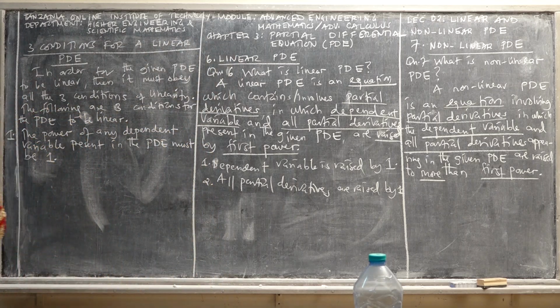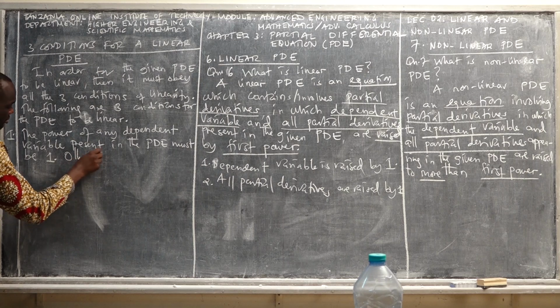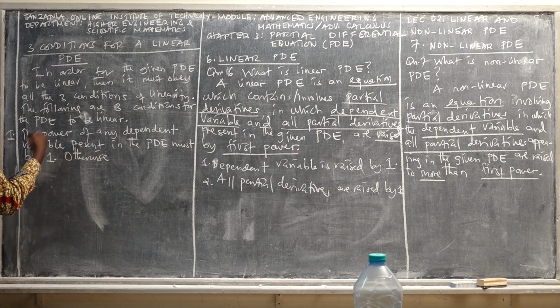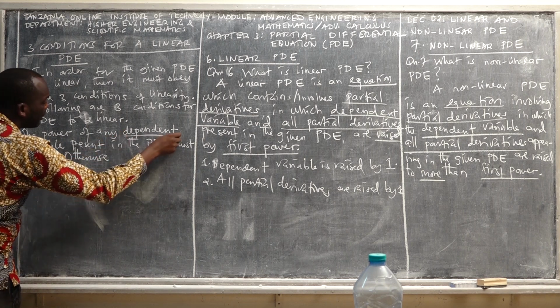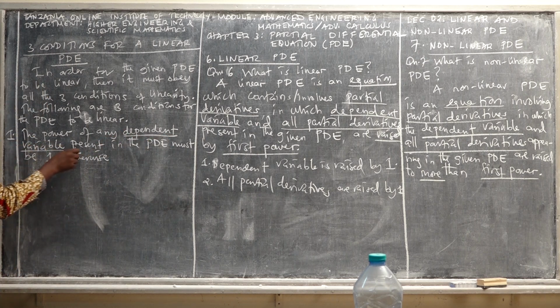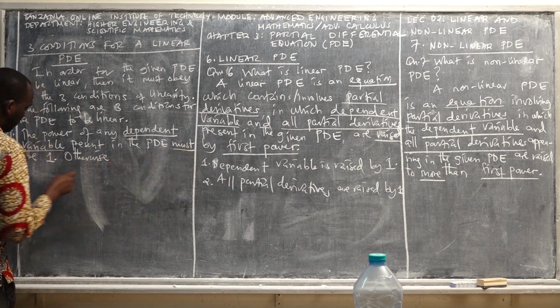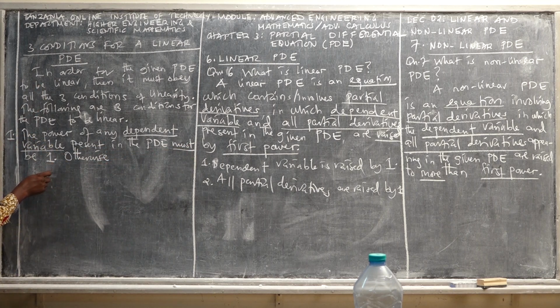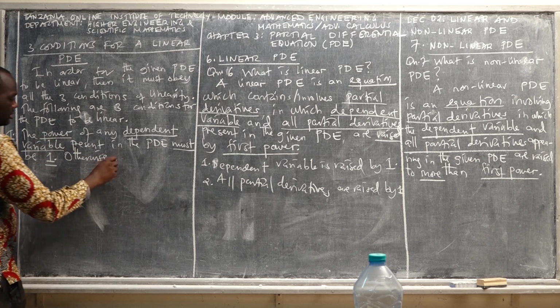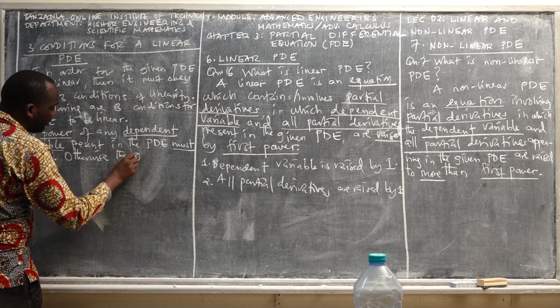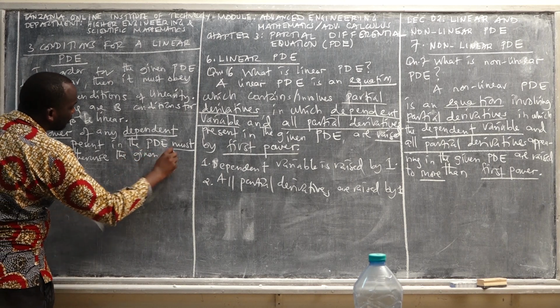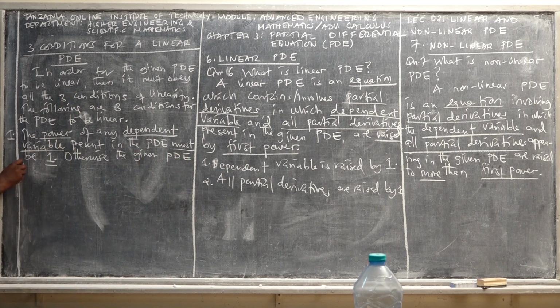Otherwise, it is a non-linear partial differential equation. What do we mean? Means otherwise, if a partial differential equation does not obey this condition, that a dependent variable present has a power 4, or power 41, the given partial differential equation is non-linear.